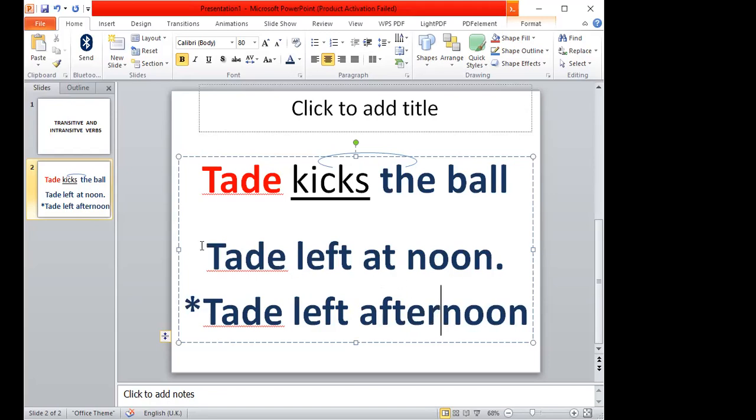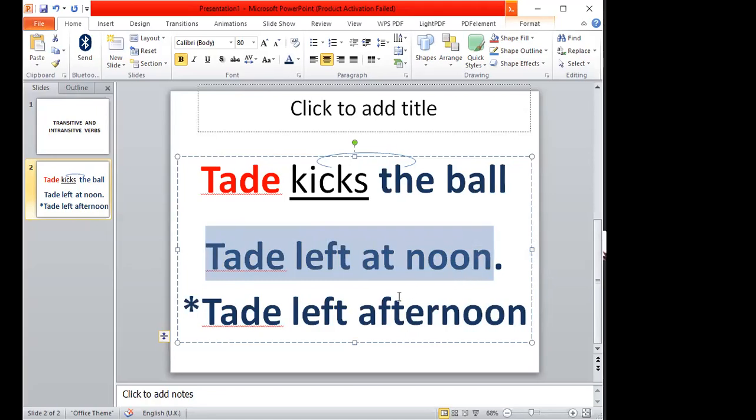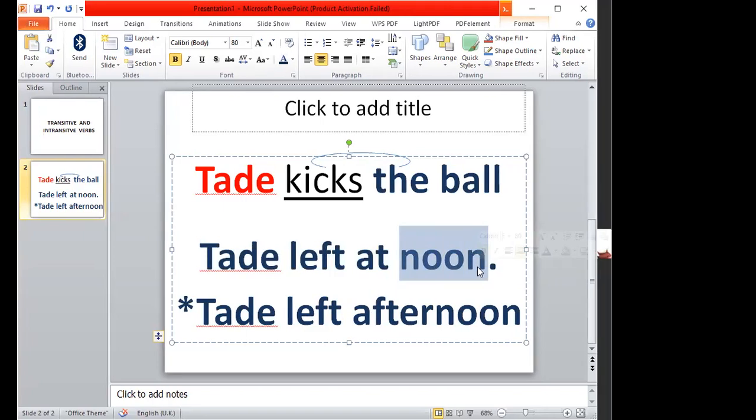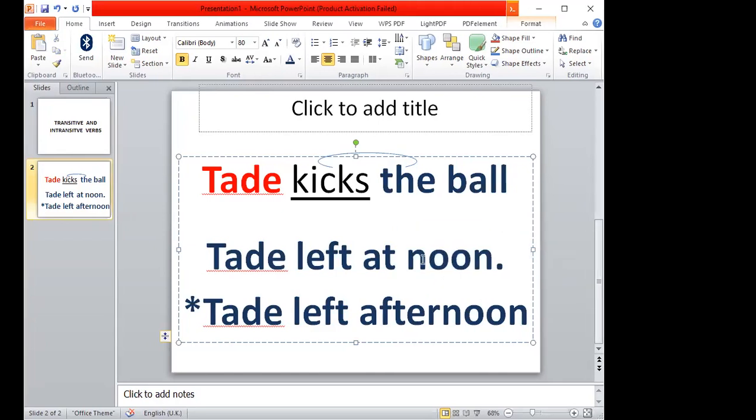Now, I'll take this as the first sentence because I want to discuss the intransitive verb. This would have been an object that I'll be using, but in this instance, this is not an object. This is an adverb. Beside my adverb, I have a preposition.